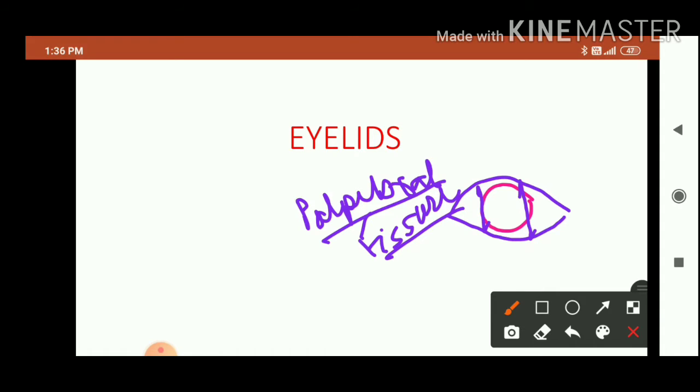Now we see what the layers of the eyelids are. When you look at it, you can imagine that it contains muscle, because we voluntarily control the movement of our eyelids. We blink, and along with it we can also voluntarily regulate the movement.